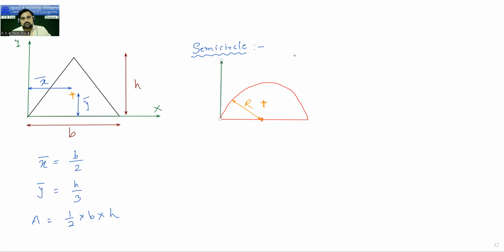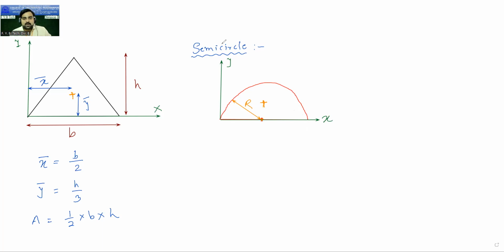Now you can see the diagram. This is my y-axis, this is the x-axis, and now this semicircle is in the first quadrant, and this is called the base of the semicircle. So now the formula for this centroid. What are x bar and y bar?